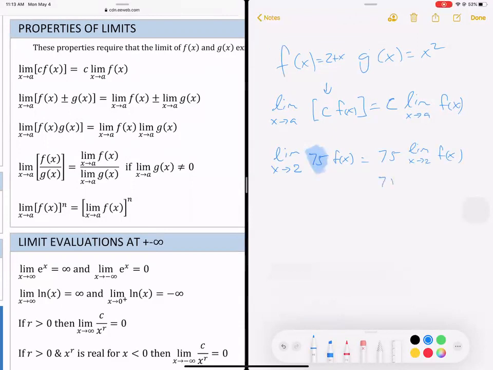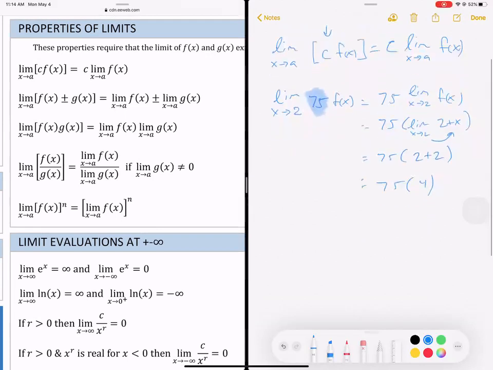So this is 75 times the limit as x approaches 2 of 2 plus x. We go ahead and plug in the 2, 75 times 2 plus 2, which is equal to 75 times 4. Seems like a lot of work. But all this is saying is that whether the constant is applied before or after, it gives you the same answer.